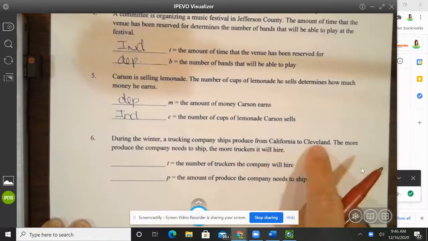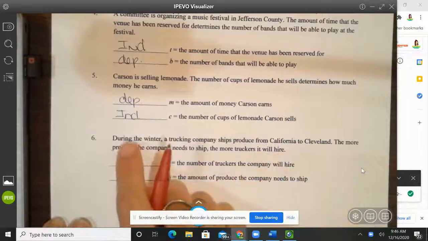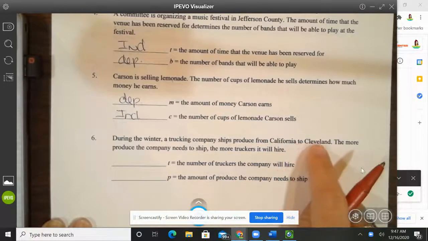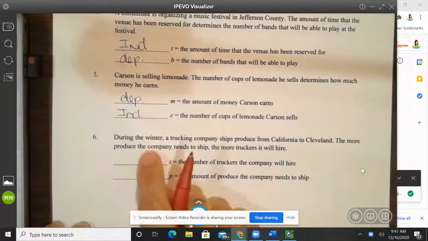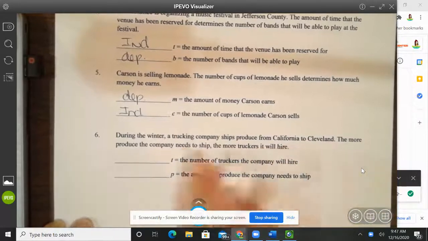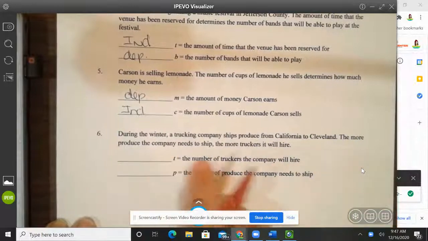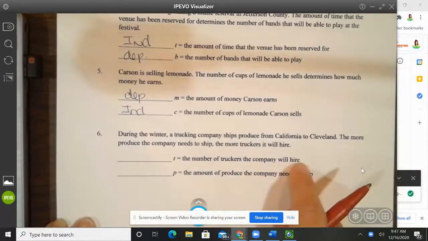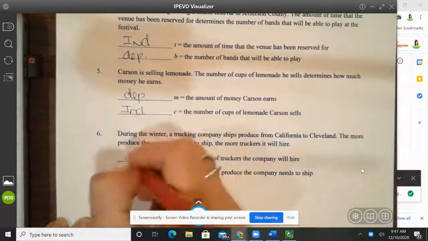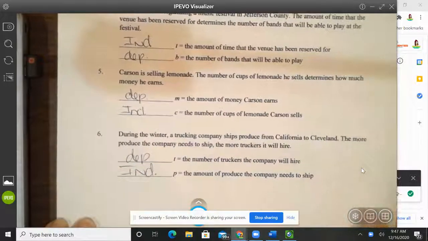During the winter, a trucking company ships products from California to Cleveland. The more products the company needs to ship, the more truckers it will hire. They're telling you which one is dependent on which. The number of truckers the company will hire depends on the amount of products. So dependent and independent. That's how you do it here.